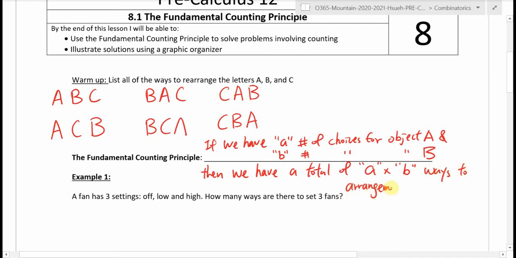So this is the fundamental counting principle.